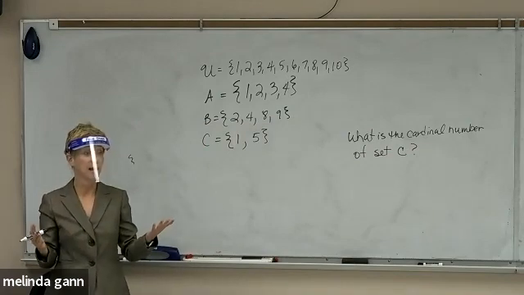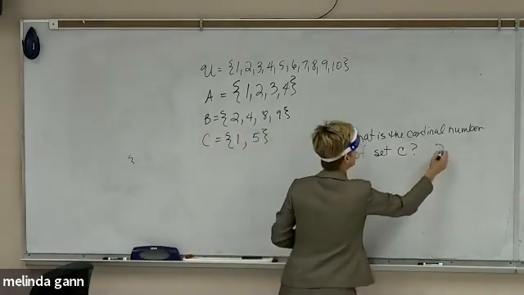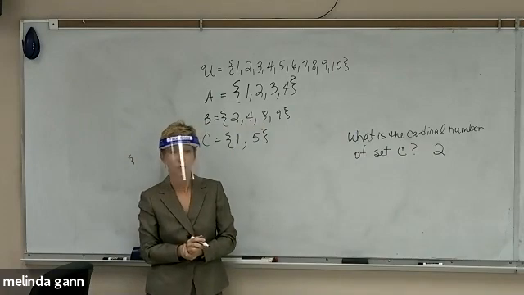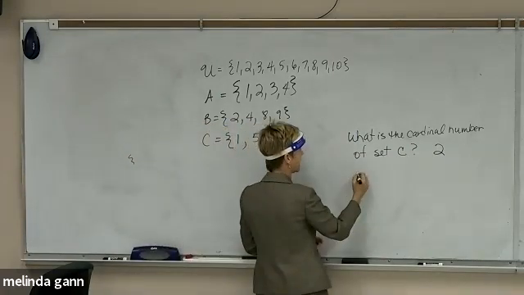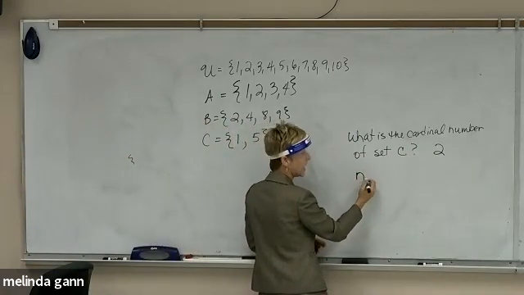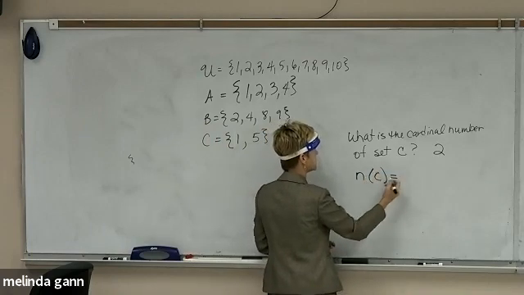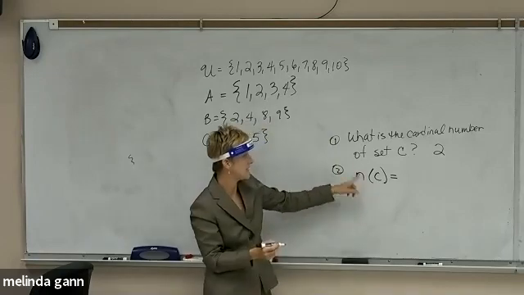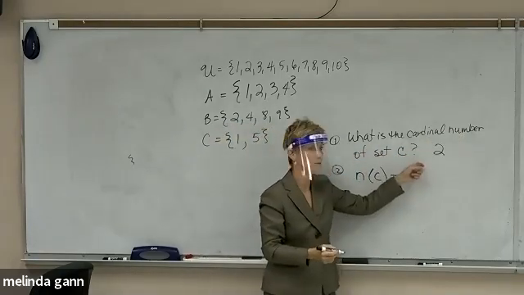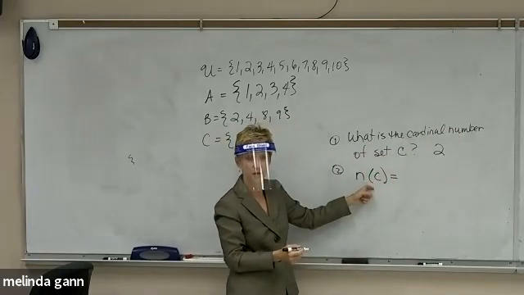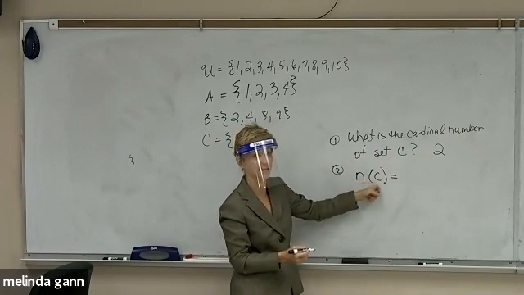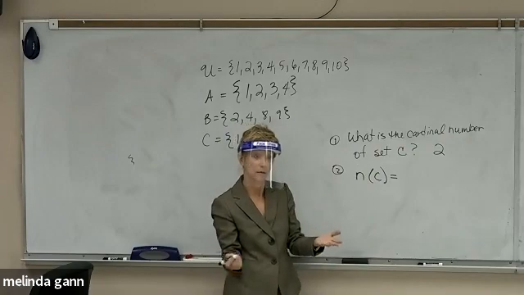That's how many things are in the set. So the answer would be 2. But they're not going to write it like that. They're going to write it like this. They're going to have a lowercase n and then put the set name in parentheses. So I need you to understand that this says exactly the same thing. And so that's the way I'm probably going to put it on the test. This is asking you what's the cardinal number of set C. And we agreed, what is it?